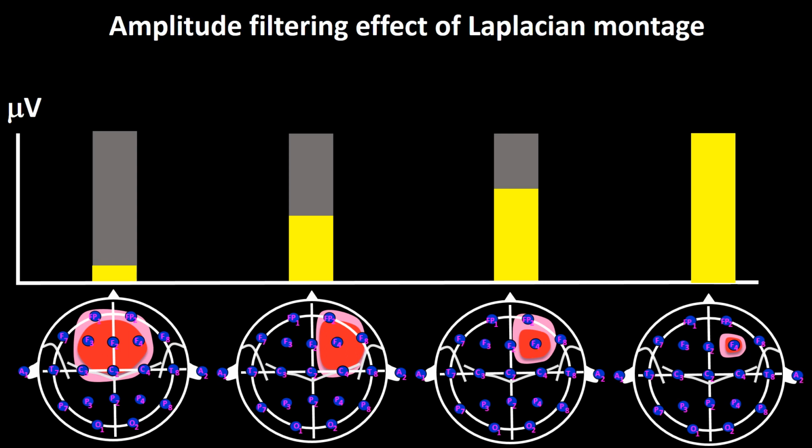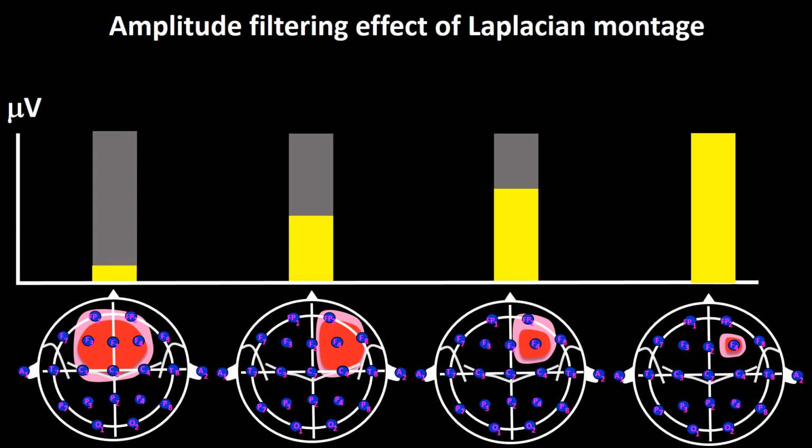As is shown here, Laplacian montage has an excellent spatial high-pass filter effect, allowing detection of very localized neutral current sources. Laplacian montage allows detection of very localized fields by decreasing the amplitude of the wave involving the wide area around it. If I had my way, I would not use the term spatial high-pass filtering effect to describe the filtering effect of Laplacian montage.